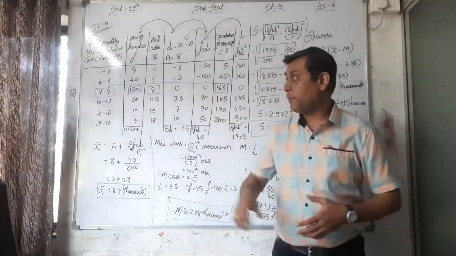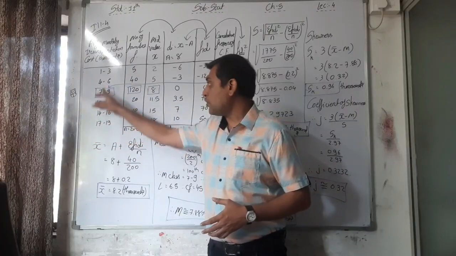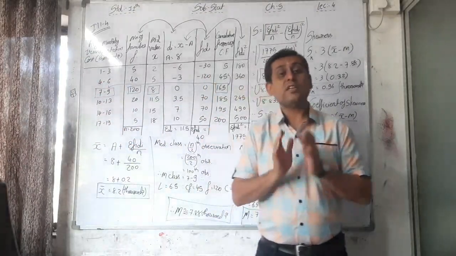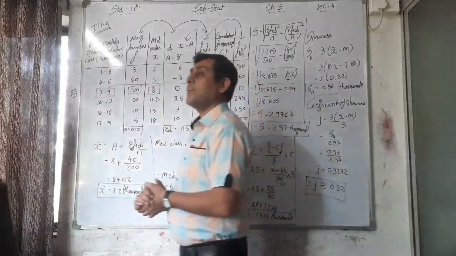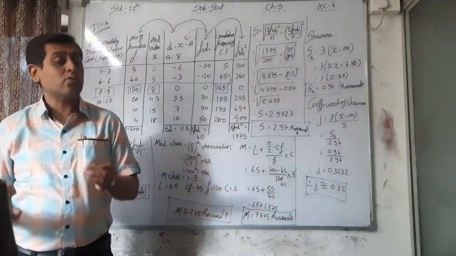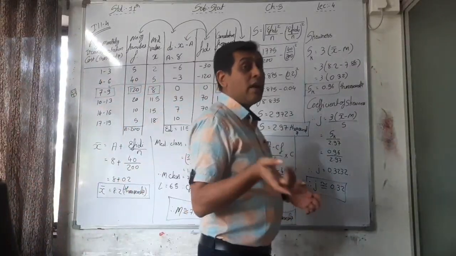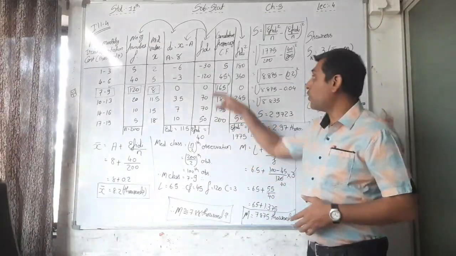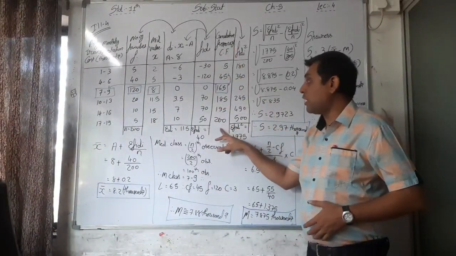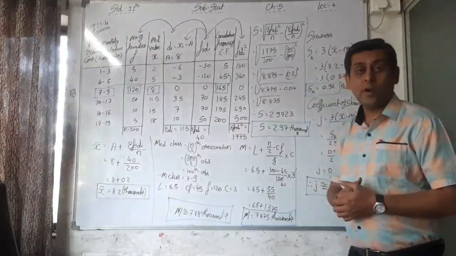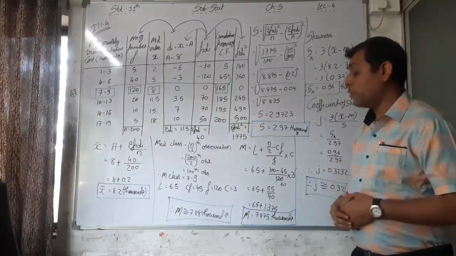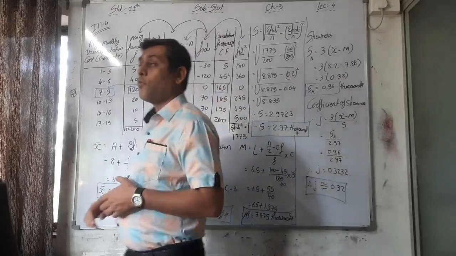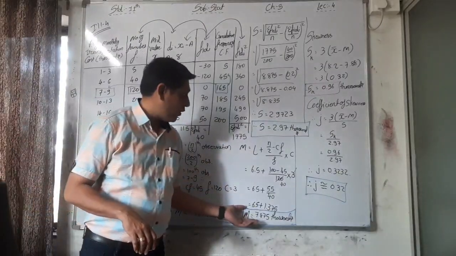In this sum the class interval of each and every class is not equal. That's why mode is ill-defined, and that's why we have to find out median. For that we have to make one extra column, CF, cumulative frequency, and put the value into the formula of median.